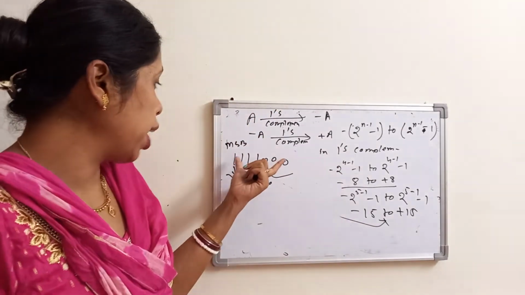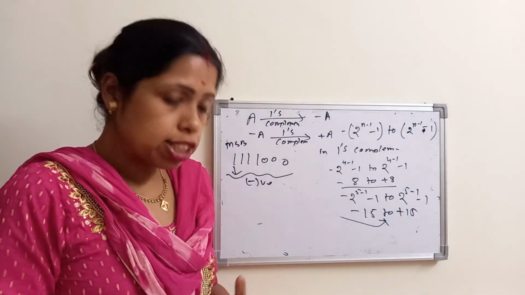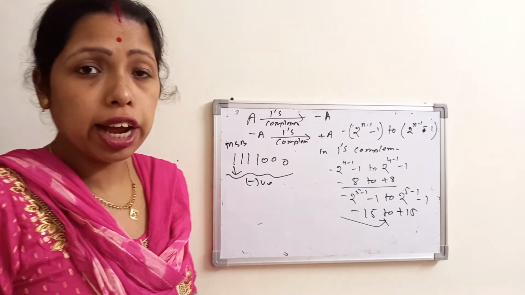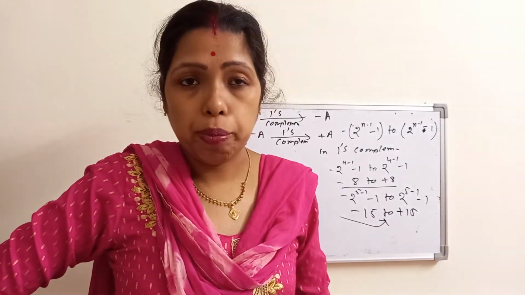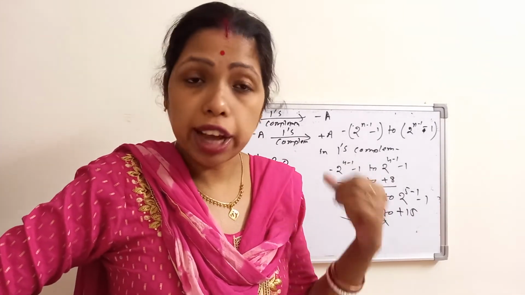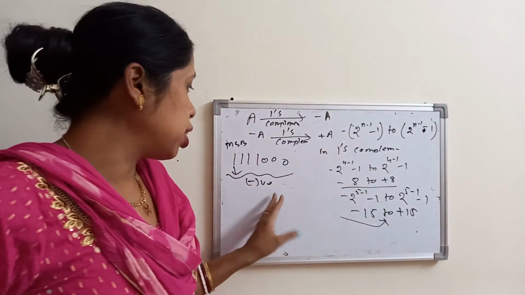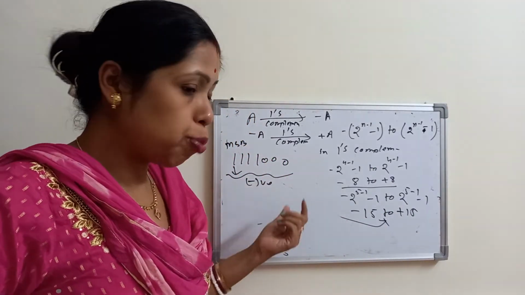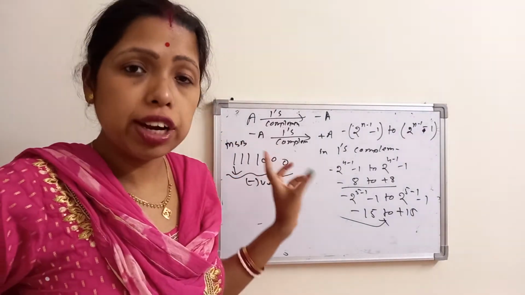Since it is negative, I cannot directly convert it into a decimal number. If any negative number is there, I cannot directly convert this negative binary number into decimal. First I have to get the positive number of that negative number, and then I can tell that this is the negative magnitude of that number.